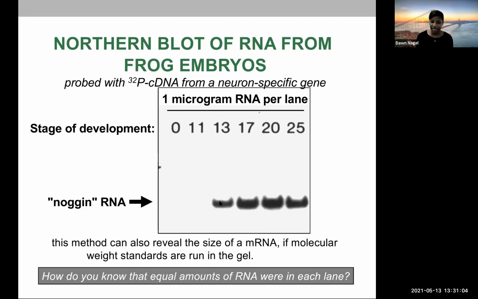You see a bright band in the later stages of development, suggesting that this gene is involved at that stage in development only, in this particular assay. Okay, and you know that it's only expressed because you're adding the same amount of RNA in each of these lanes, right? And then you're probing with this RNA probe, labeled probe, right, to see whether or not your gene is expressed.